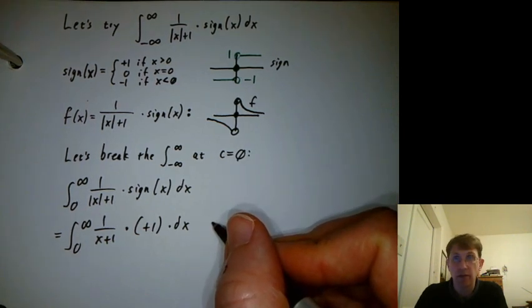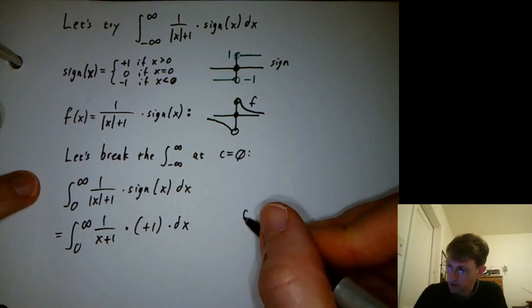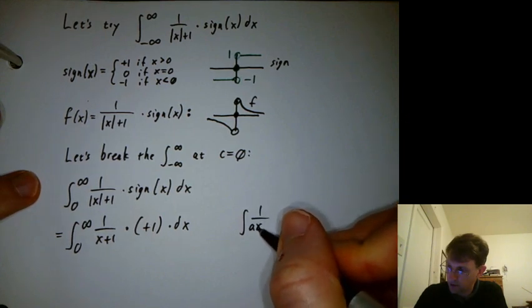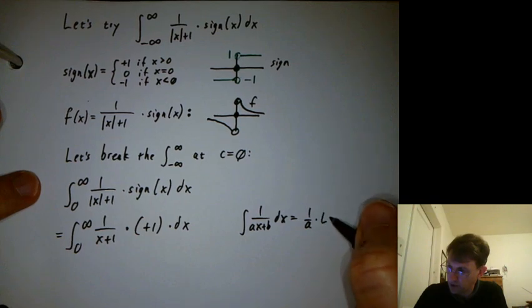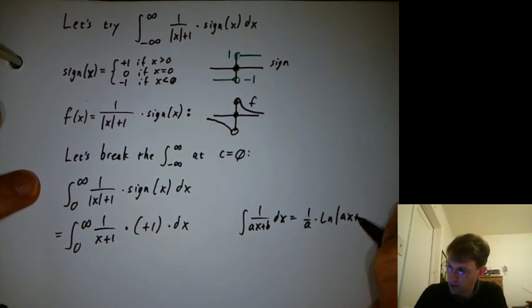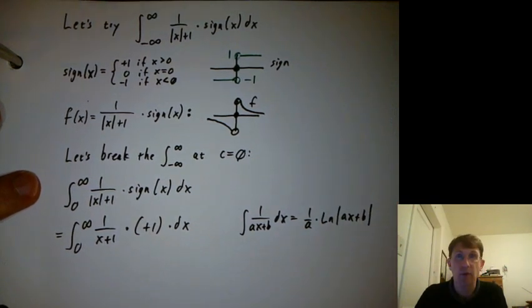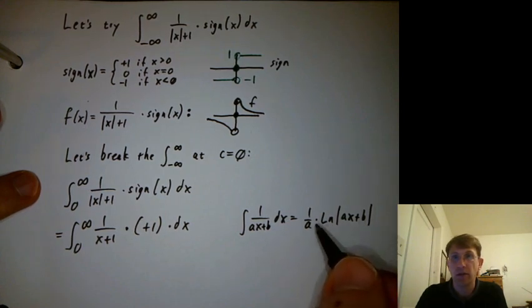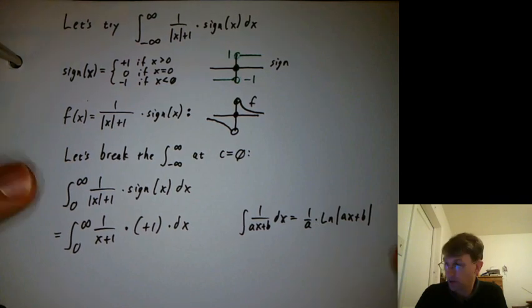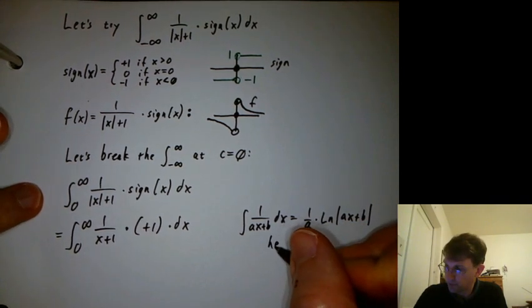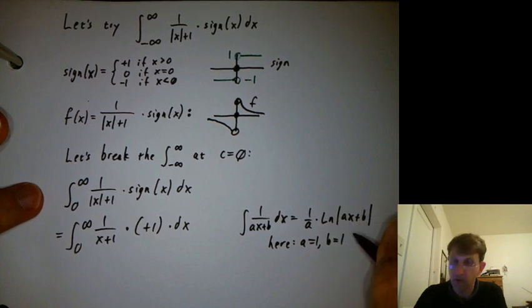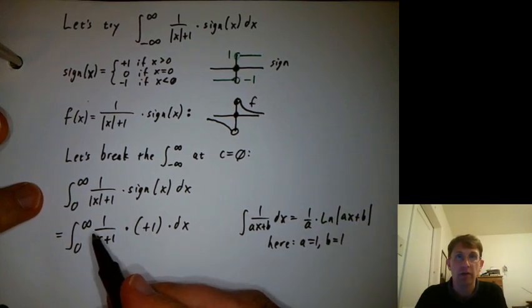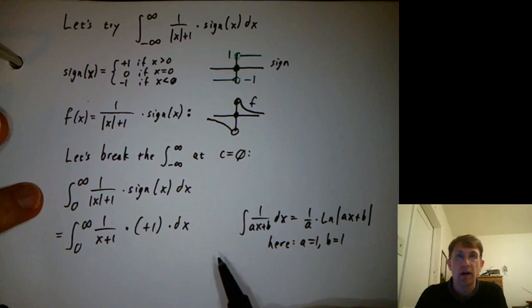You could say, let's do a u substitution. You remember that the integral of 1 over ax plus b is 1 over a times log of ax plus b, like that. So here, a equals 1 and b equals 1. We're just not writing the coefficient there.